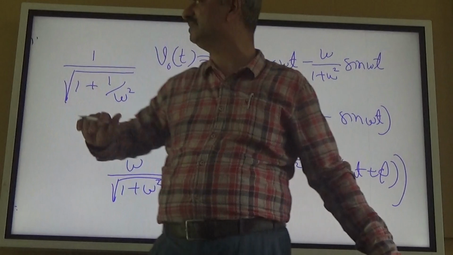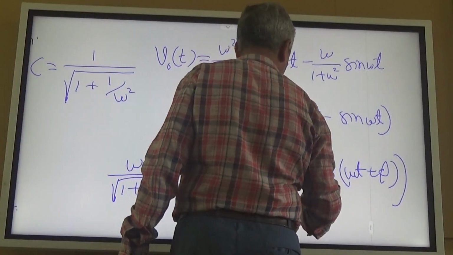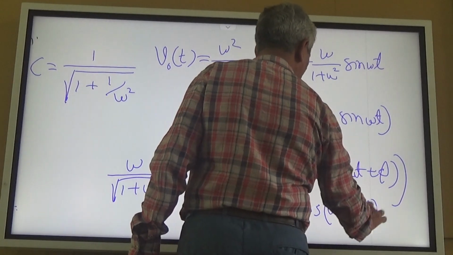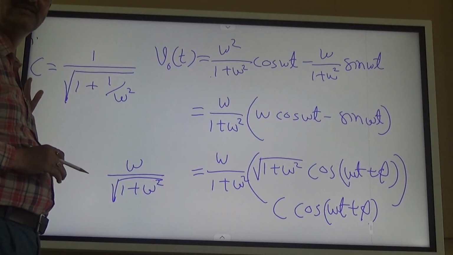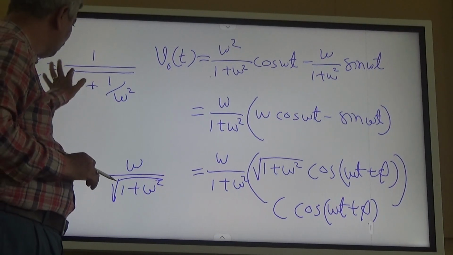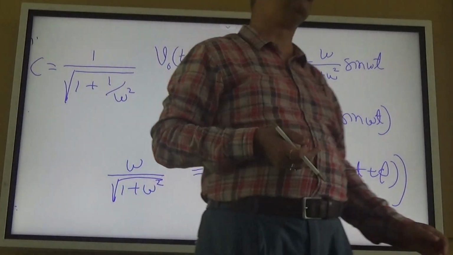We can say C is equal to this. So output is C cos omega t plus phi. So we are focusing on C. C is now frequency dependent, and C is equal to 1 upon under root 1 plus 1 upon omega square. So for less omega, what will happen?